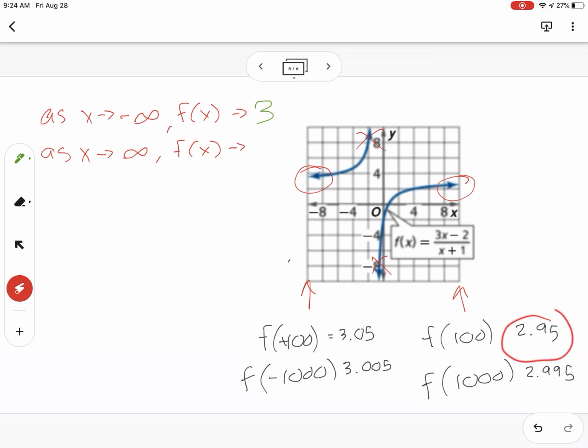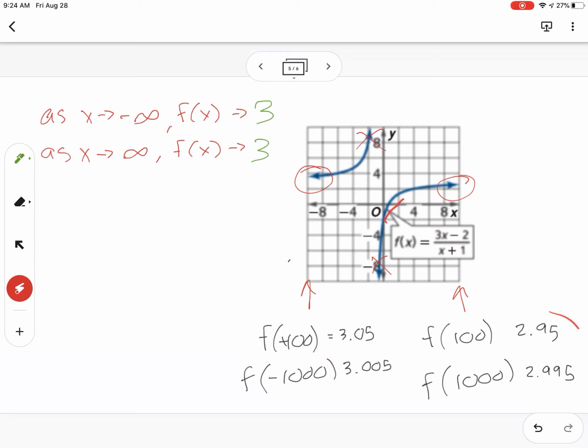On the positive side, it's 2.95, 2.995. So it's getting bigger. It's going towards 3 as well. That's how we do those ones. We got 3 and 3 again. This is going down to 3.